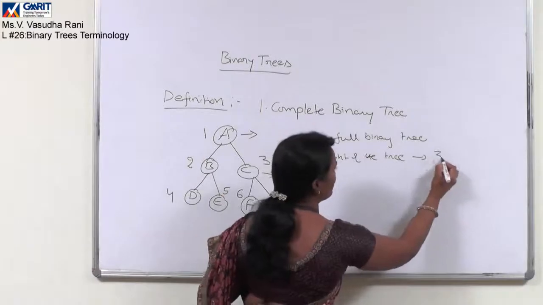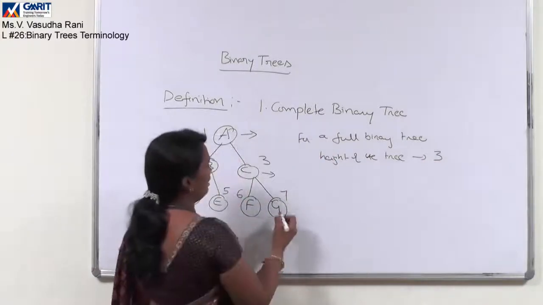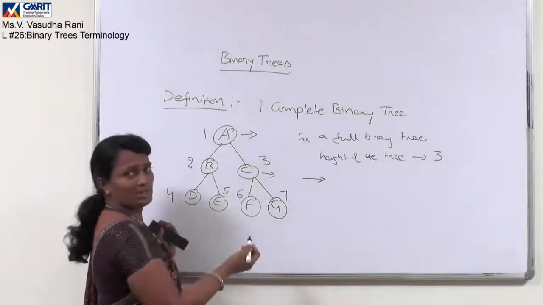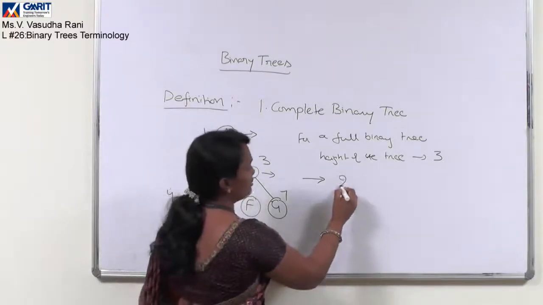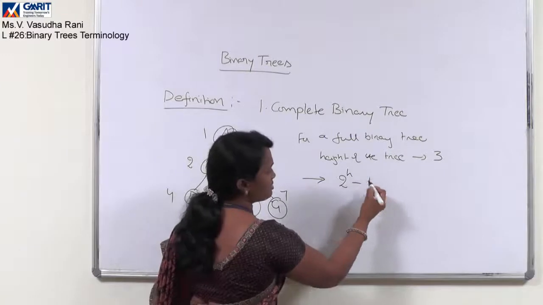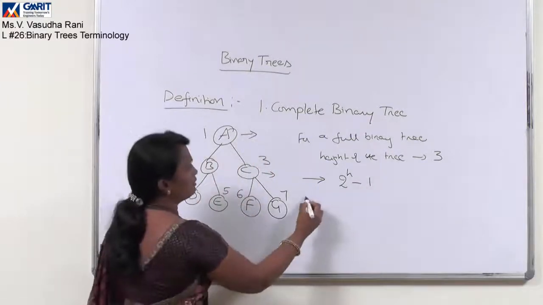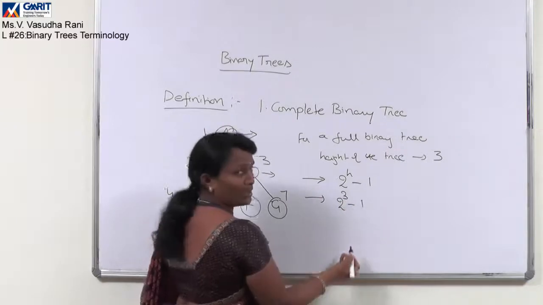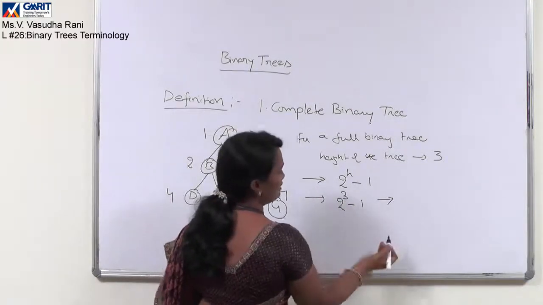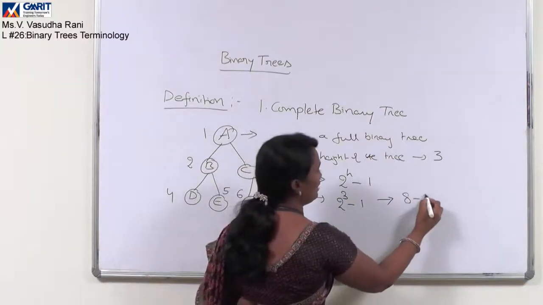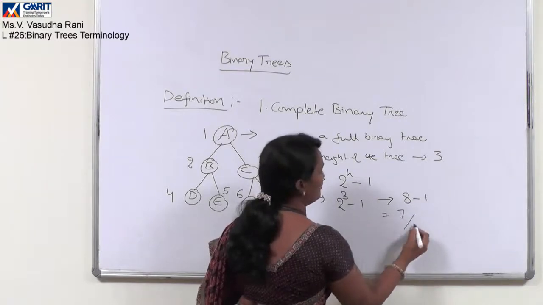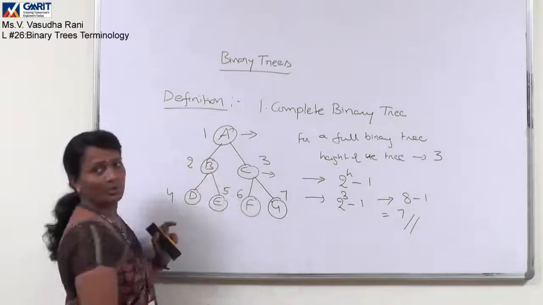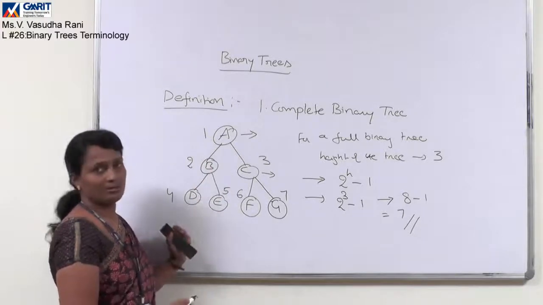So height is 3. Then our formula to find the maximum number of nodes in the tree is 2 power h minus 1. Here we have our h value 3, so it is 2 power 3 minus 1. 2 power 3 is 8, 8 minus 1 gives us 7 nodes. So here you can see 7 nodes in the tree.